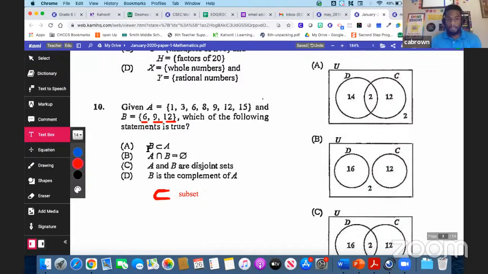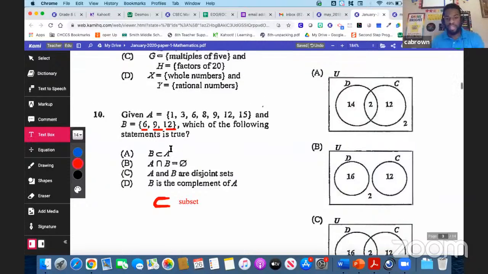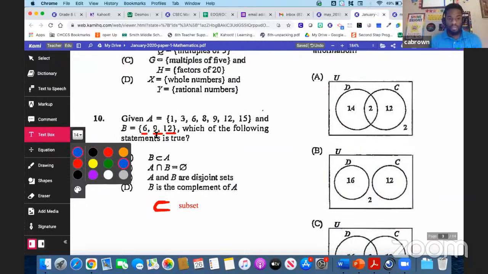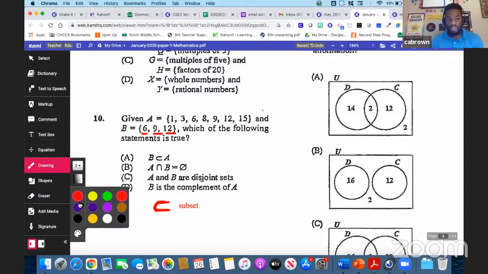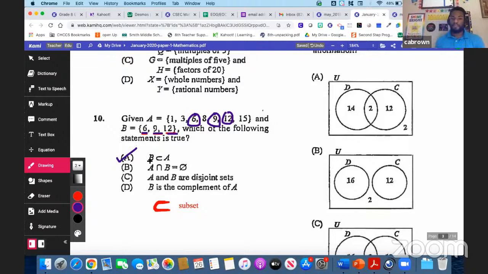So A is saying that B is a subset of A, which means that it can be taken from A. And looking at it, we can see that that is true, because B is 6, 9, 12, and 6, 9, and 12 are also a part of A. So A is our answer right here. B is indeed a subset of A. It is a set that comes from set A. So that is indeed true.